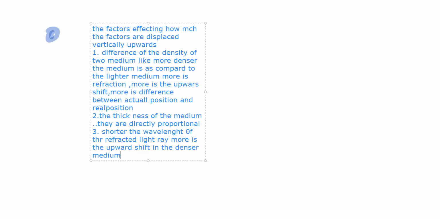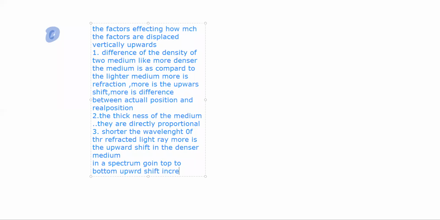Okay, so the third point. When we say shorter wavelength, that means in a spectrum, going top to bottom, the upward shift increases.